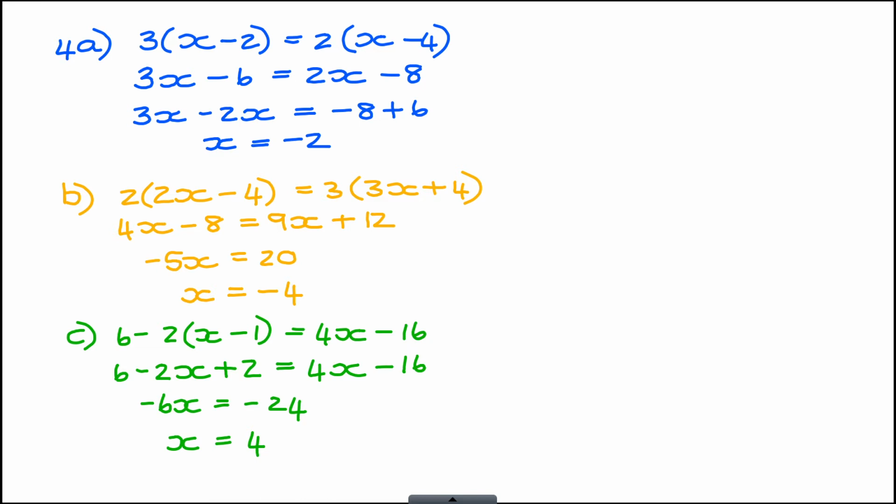That must be a plus because minus 2 times x is minus 2x, minus 2 times minus 1 is positive 2. Do you understand why? Okay. And then minus 2x. If I take the 4x over, it becomes minus 4x.